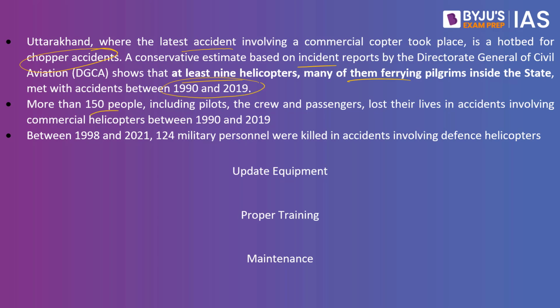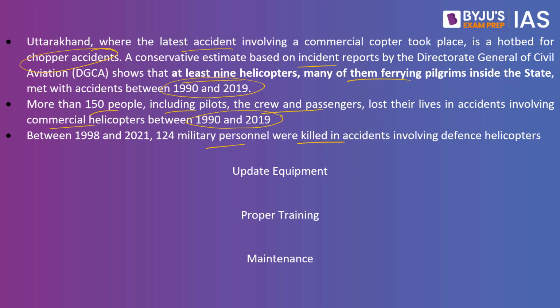More than 150 people, including the pilots, the crew and passengers, lost their lives in accidents involving commercial helicopters between 1990 to 2019. Between 1998 and 2021, 124 military personnel were killed in accidents involving defense helicopters.